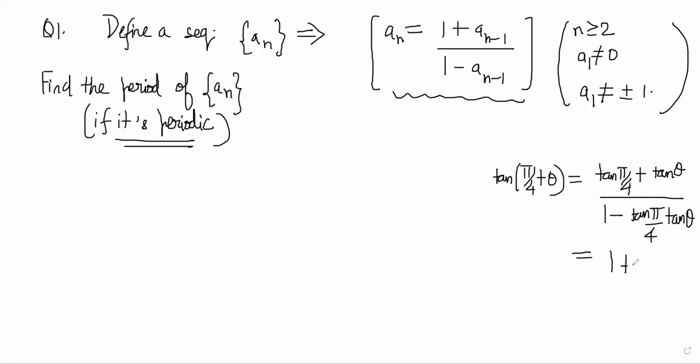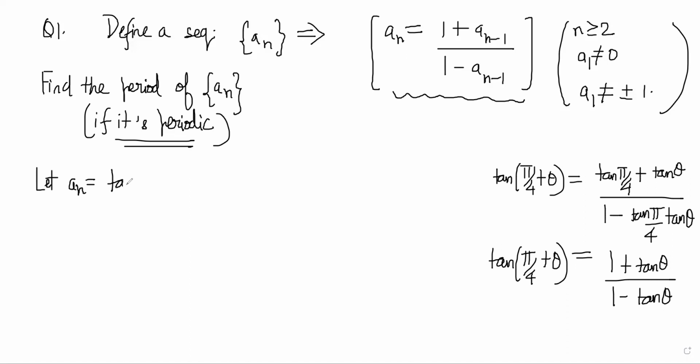So this becomes (1 plus tan theta) by (1 minus tan theta). This is the trigonometric formula and our sequence definition looks very much like that, right? So it might help us to make a trigonometric substitution. So what we will try is let a_n is equal to tan of theta_n, for n is equal to 1, 2, and so on.